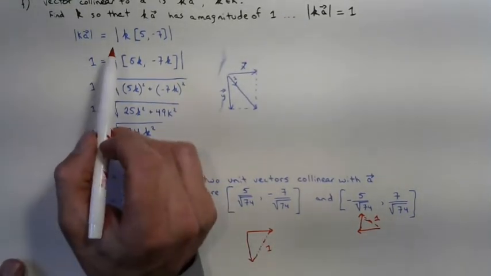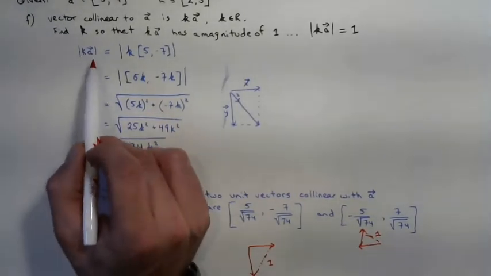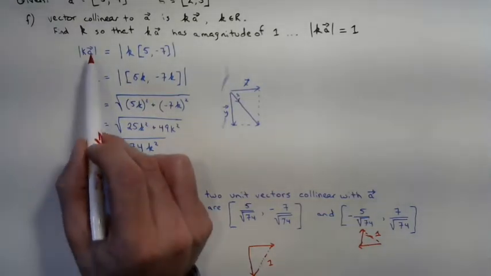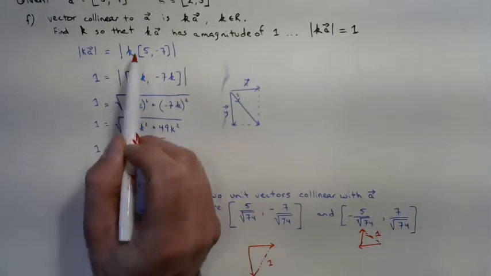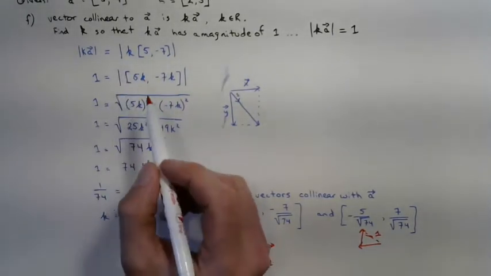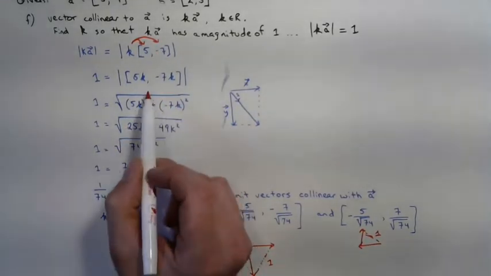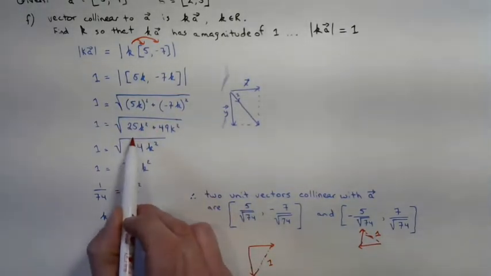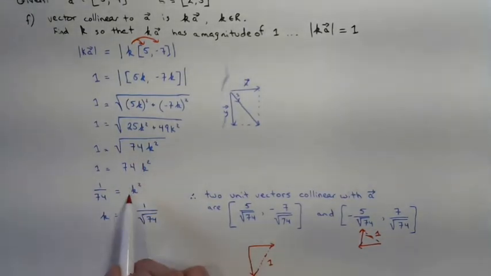Quick walkthrough of what we did. We needed a vector that was 1 unit in length, but going the same direction as A. So it's some scalar multiple of vector A. We distributed k to the horizontal component and the vertical component. Then we used the Pythagorean theorem to simplify and combine our k's, solve for k, and square root both sides.